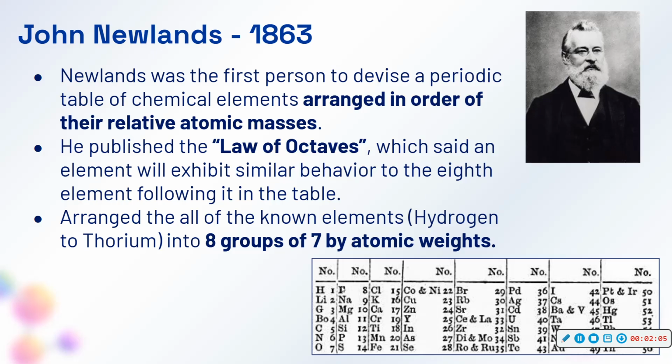So he's saying that hydrogen is similar to fluorine. Fluorine is similar to chlorine. So that is why he arranged his table like this. So for John Newlands, some of the things you need to know is he organized it by atomic masses, and the law of octaves is what he is known for.